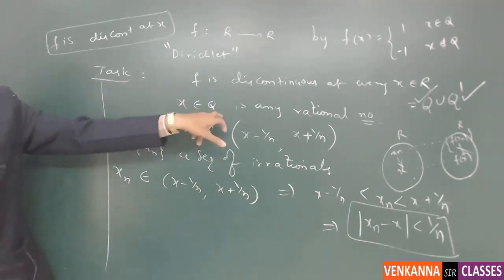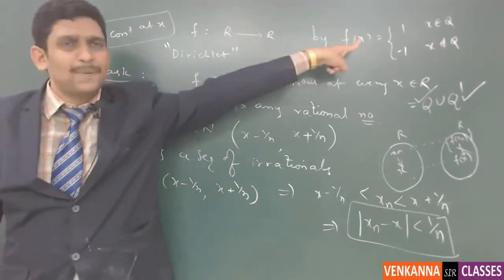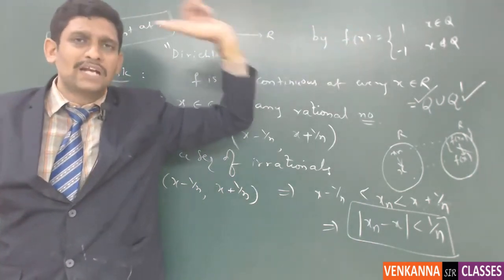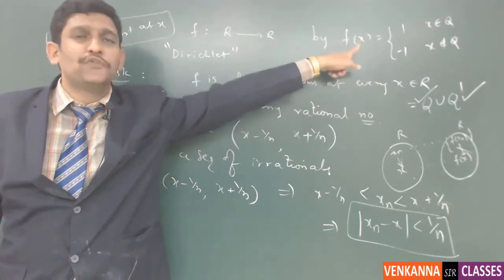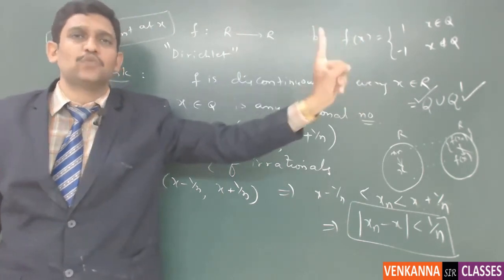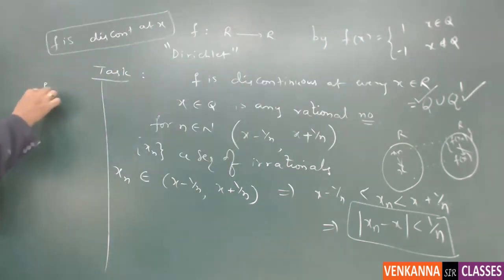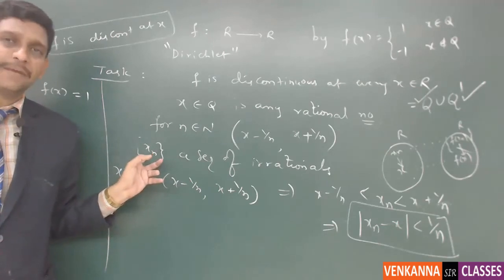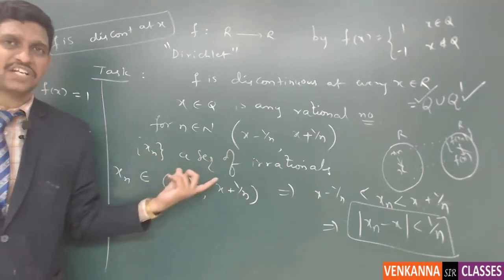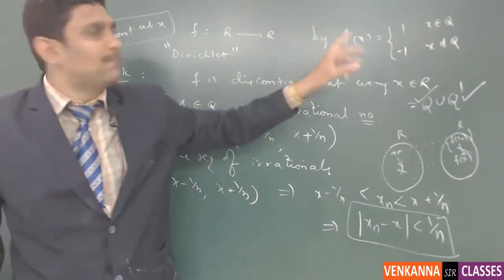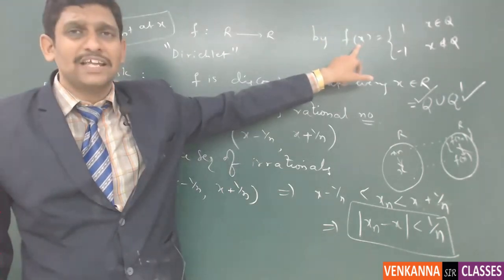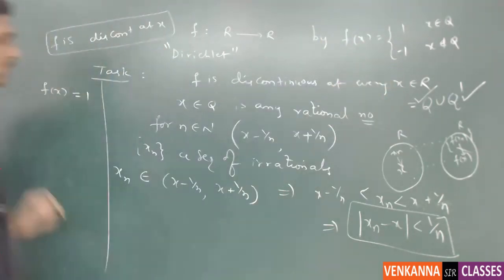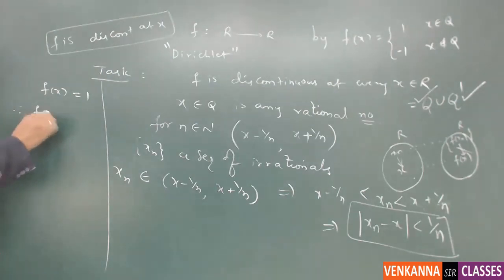Since x is a rational number, as per the definition, whatever rational number you take, if you calculate f of x, its value is 1. Since xn is an irrational number, I have taken a sequence of irrational numbers. For any irrational number, if you consider the image, its value is minus 1. So f of xn is equal to minus 1.